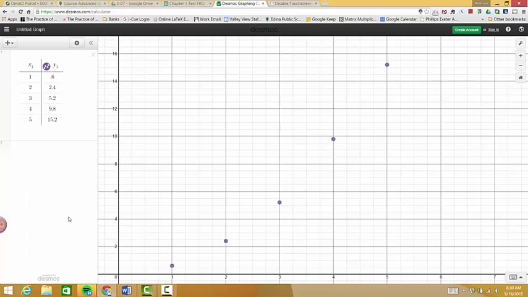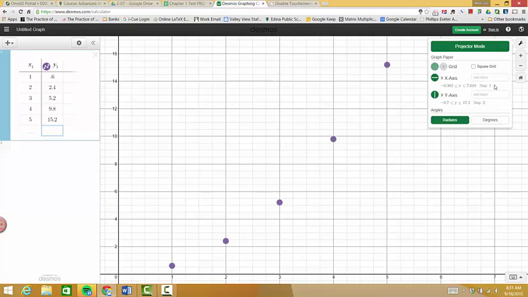In Desmos, I entered the data in a table. You can get a table by hitting the little plus sign, selecting table, and then entering the values into your table. You can do the same thing on your graphing calculator, but for something like this you might find it's easier in Desmos. Then I adjusted my screen; if you go to the wrench you can change your x and y values.